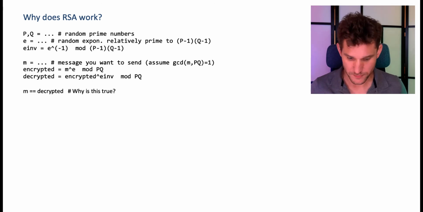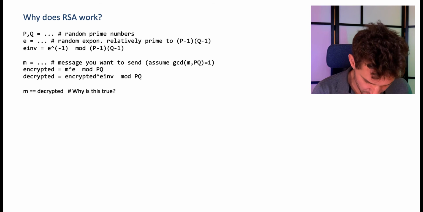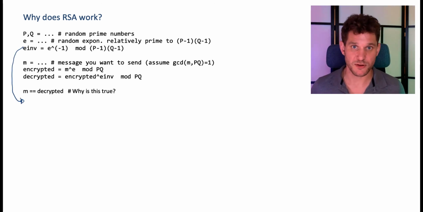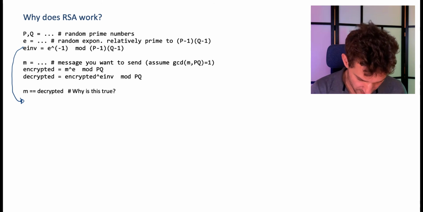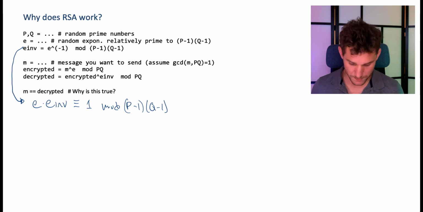That's a good question. So the first thing to note is that because of this line right here, because E_inv is the multiplicative inverse mod p minus 1 times q minus 1, we can write that E times E_inv is congruent to 1 modulo p minus 1 times q minus 1.